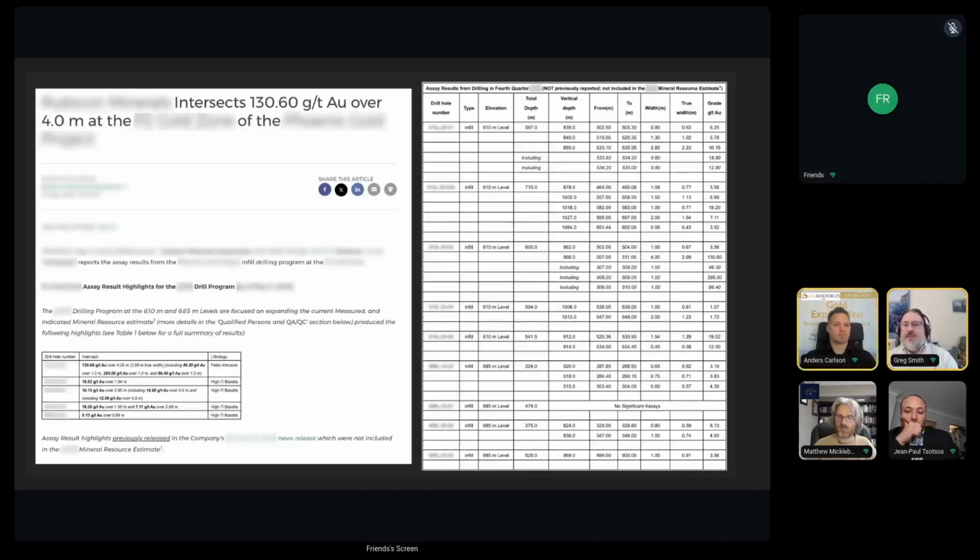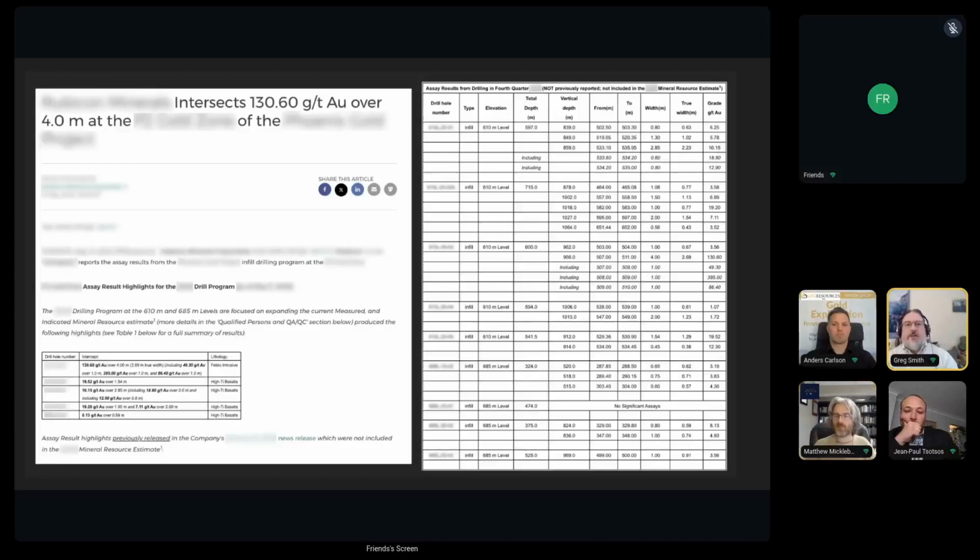So that's helpful. You've got the headline hole, and certainly that is significantly better than the other intercepts, but you do have others that are in the 10 to 19 gram per ton range, which is definitely underground mineable grades. I would second the comment on the widths, is that for the most part here you're looking at widths that are going to have some dilution.